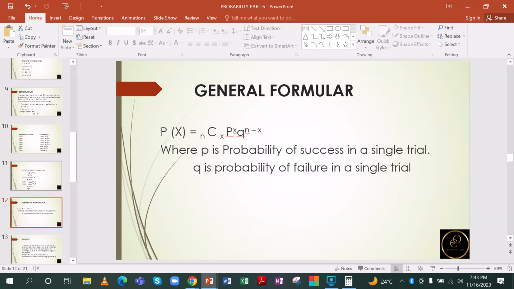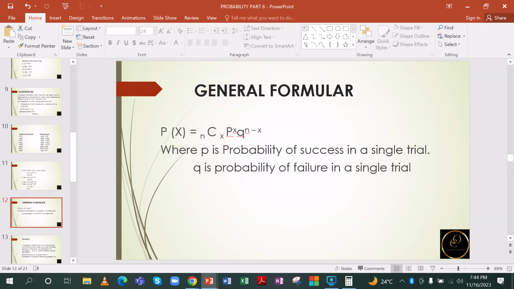So for you to find the probability of X, you have X possible outcomes, N taken X at a time, where the probability of two outcomes is known, probability of success P and probability of failure Q. So where P is the probability of success in a single trial and Q is the probability of failure in a single trial. So this is the general formula which is given under binomial distribution.